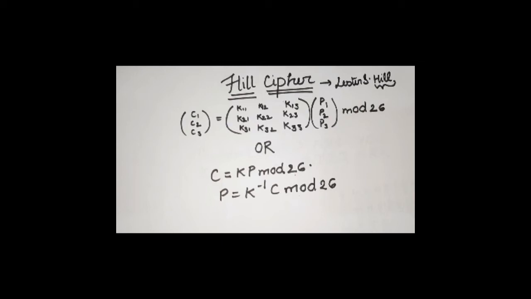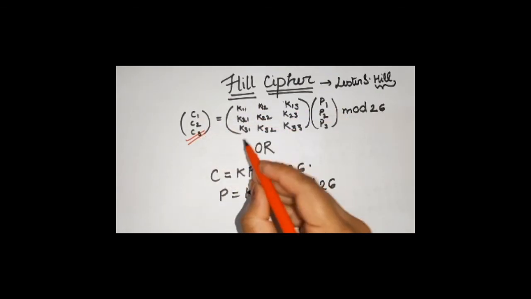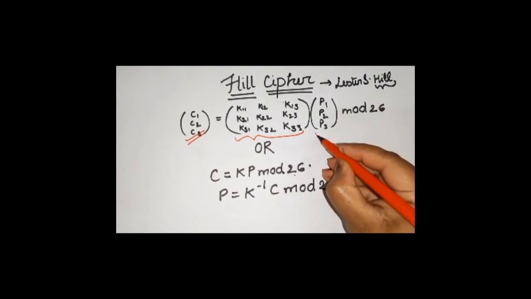Here also we'll be breaking the plain text into certain units and then converting these units into certain ciphertext. So I've also written the example which you can see here. This is the ciphertext. This is the key matrix. And then we have the plain text.